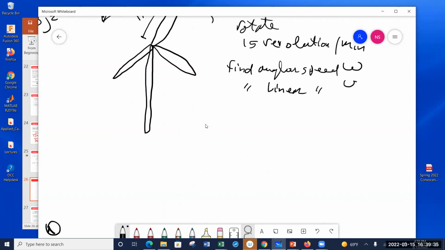Well, this is what they said, the number of revolutions. We have 15 revolutions, right? But what is the angle of one revolution? How many radians in one revolution?